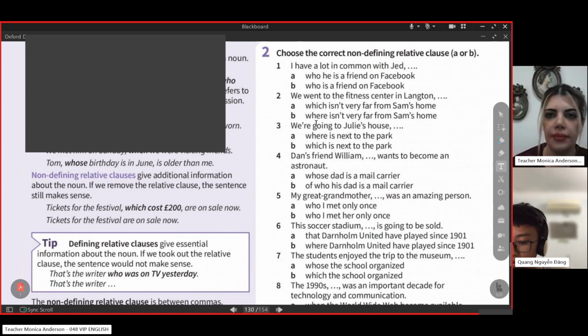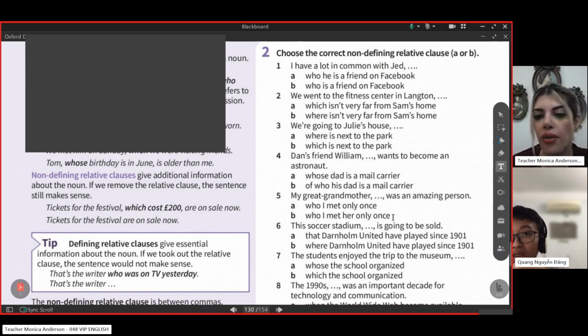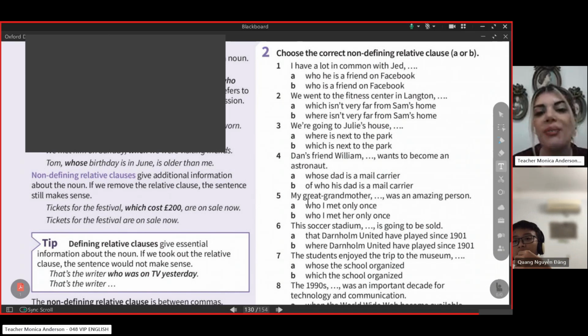Okay. Five. My great grandmother was an amazing person. My great grandmother, who I met only once. Just tell me A or B because that's really important.